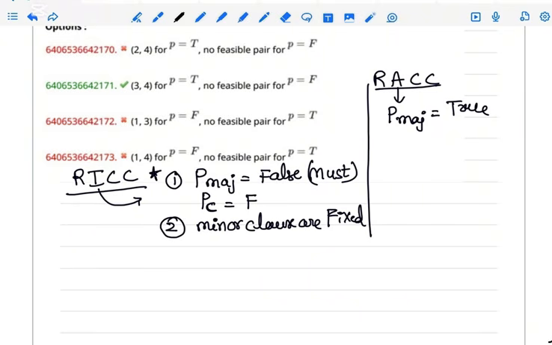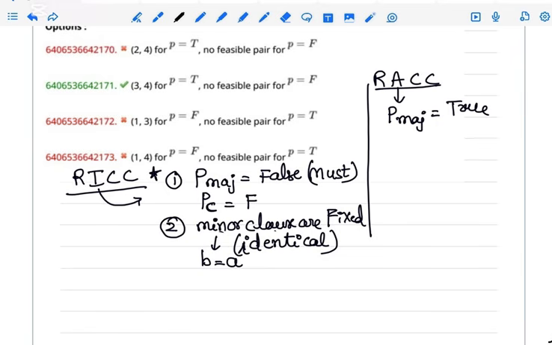Fixed means identical: both remain the same in both the pairs. In both the pairs, the minor clauses are identical, that is A and B have the same values.